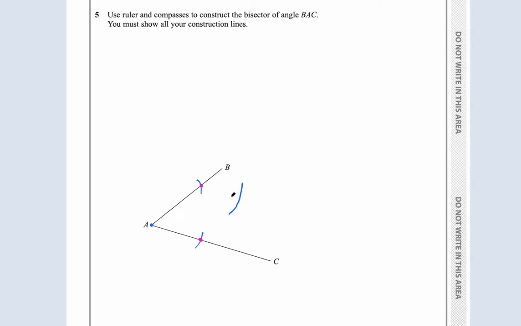So you do your other arc there. And then you join this point to this point. Now, obviously, that doesn't look like a bisector, only because I haven't done this very accurately at all, but a bisector means it should cut it in half perfectly. Okay, that is question 5.